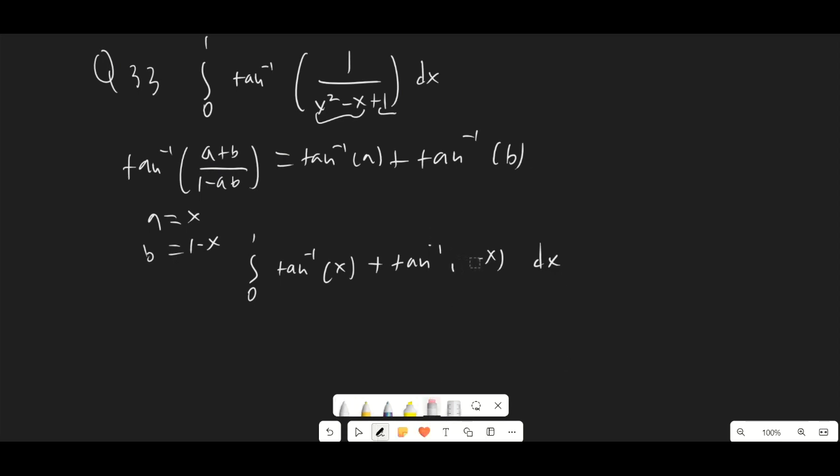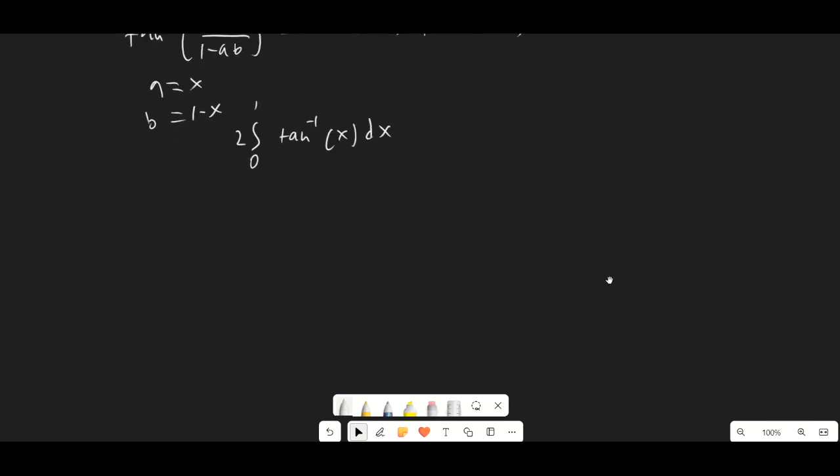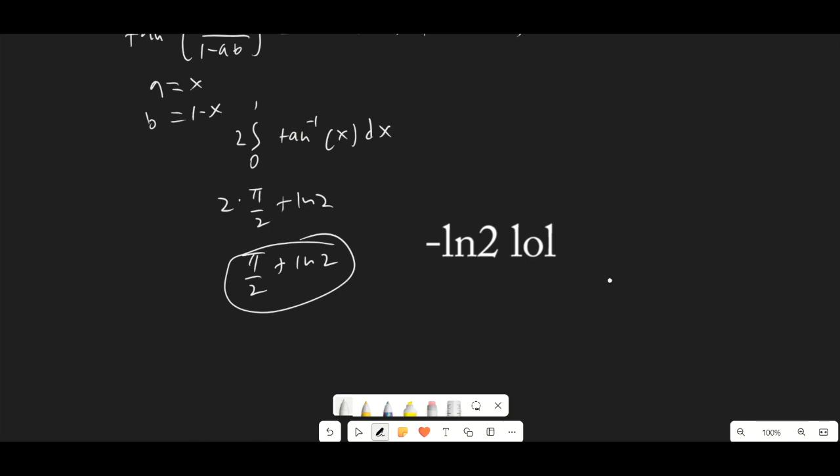So we could just erase this and multiply everything by 2. Then the integral of inverse tangent is really straightforward. We're just going to end up with 2 times (pi over 4 plus ln 2), so pi over 2 plus ln 2. Just integration by parts.